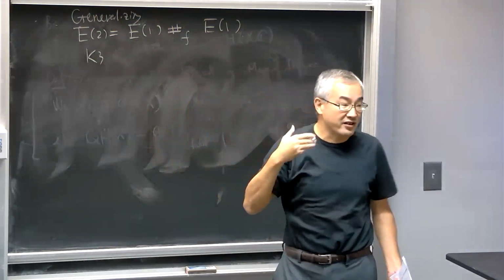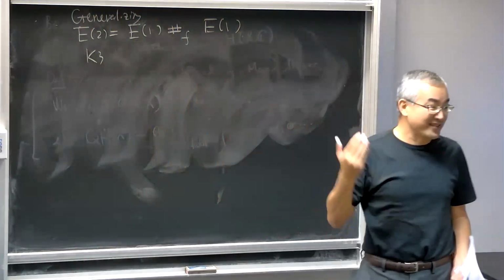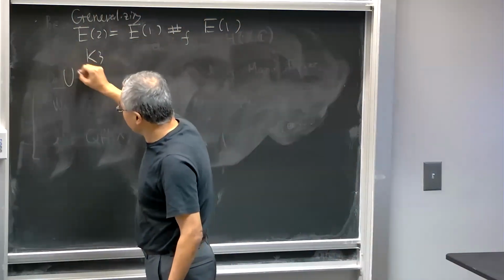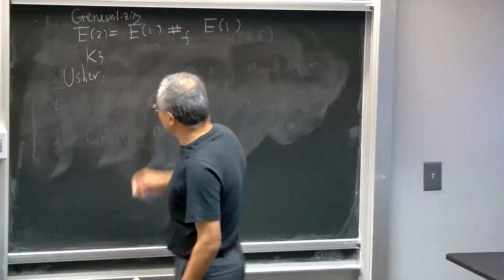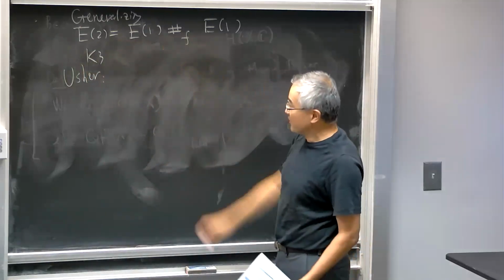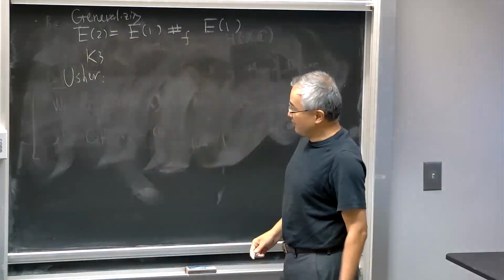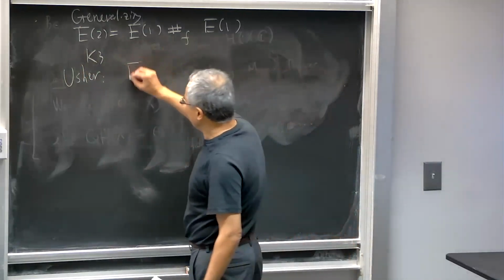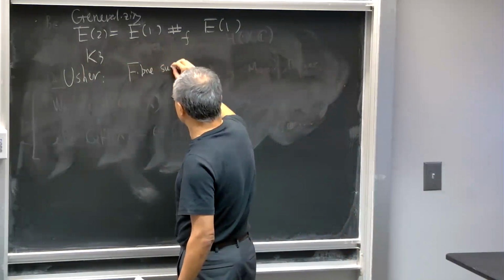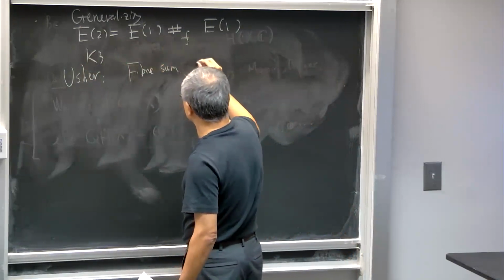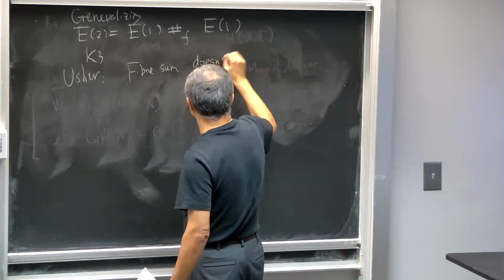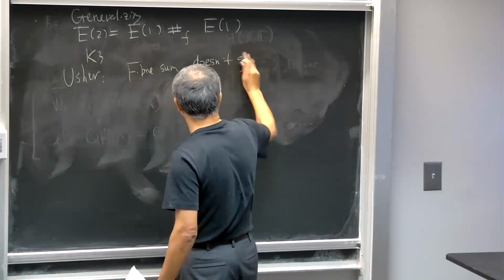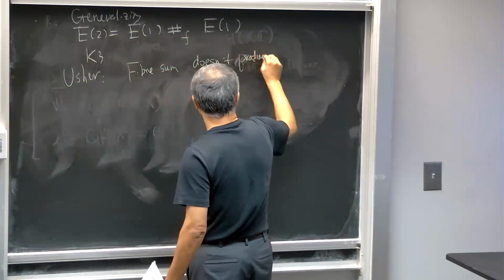Of course, this construction does not give you a non-Kähler one. This is just the K3. I want to mention that Usher studied all fiber sum constructions of symplectic Calabi-Yau 4-manifolds, and what he showed is that the fiber sum just does not produce any exotic symplectic Calabi-Yau surface.